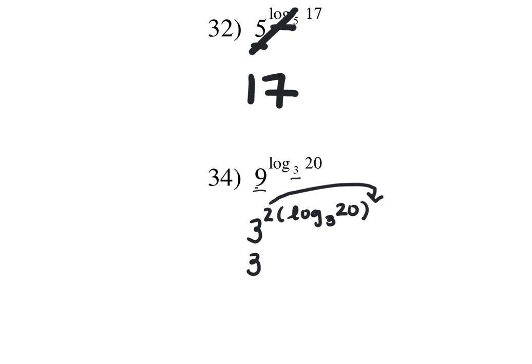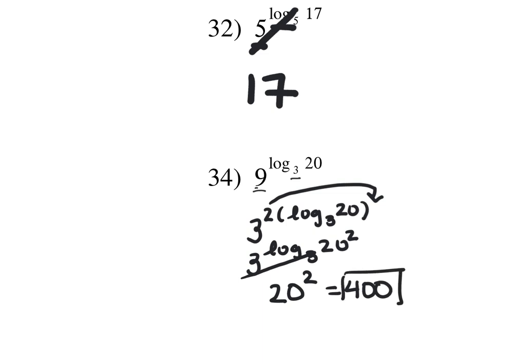So we make 3 to the log 3 of 20 squared. And so now we can cancel everything out. This is something you'll learn in a later video. It's a property of logarithms that lets you move this over to the top. So we have 20 squared, and that is equal to 400. So the answer for this one is 400.